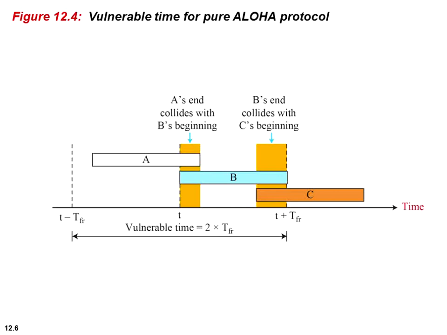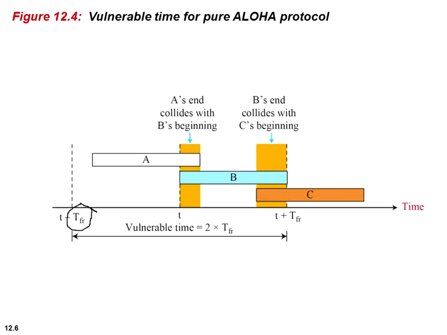Now this figure shows the vulnerable time for pure ALOHA protocol. So let us find the vulnerable time, the length of time in which there is a possibility of collision. We assume that the stations send fixed length frames, with each frame taking TFR seconds to send.